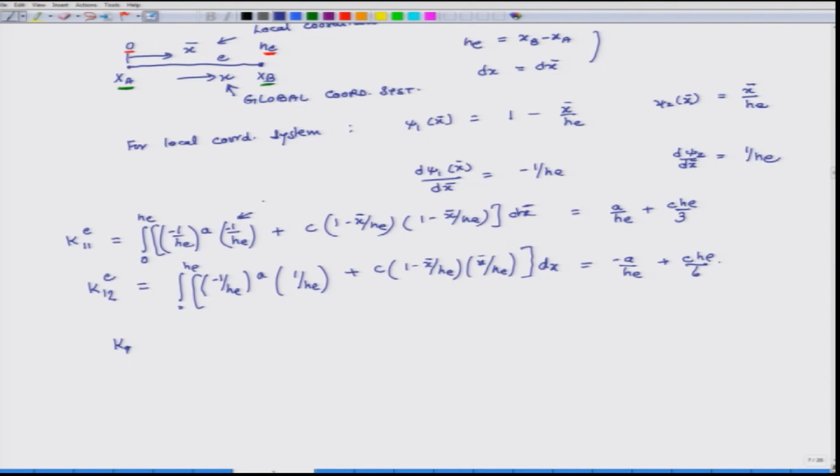And we find that K21 E is the same as K12 E and K11 E is the same as K22 E. If we do the calculation, this is what we find out.